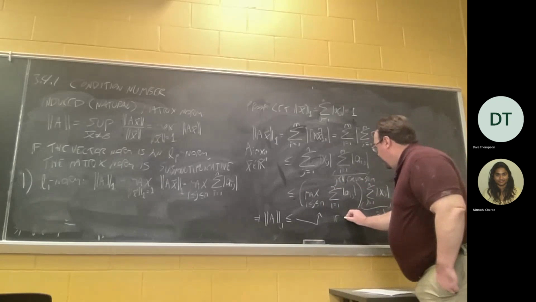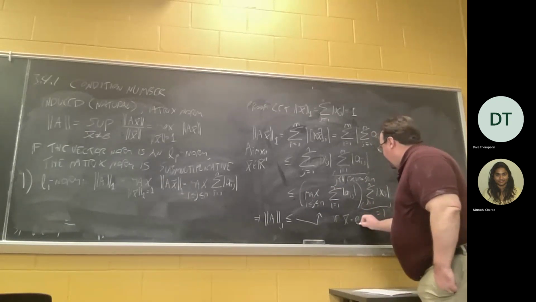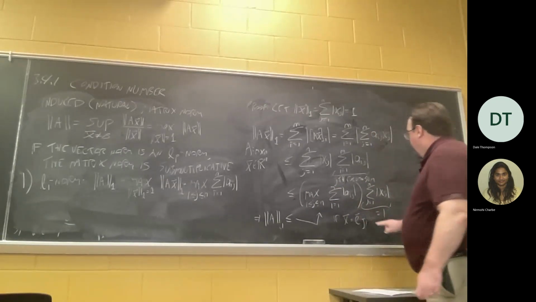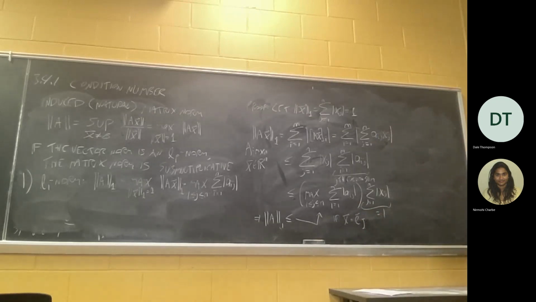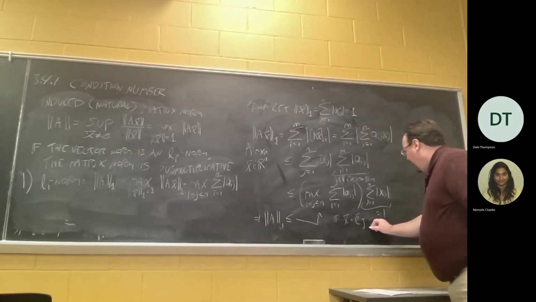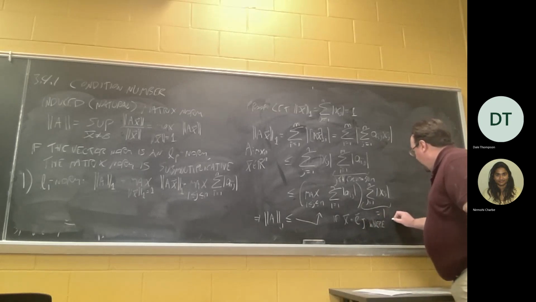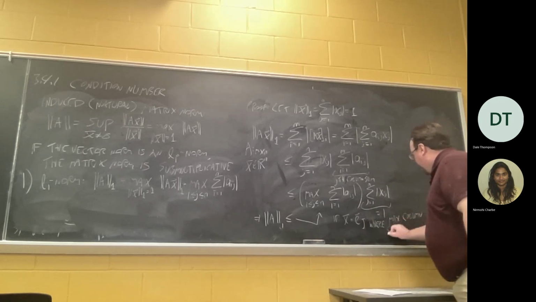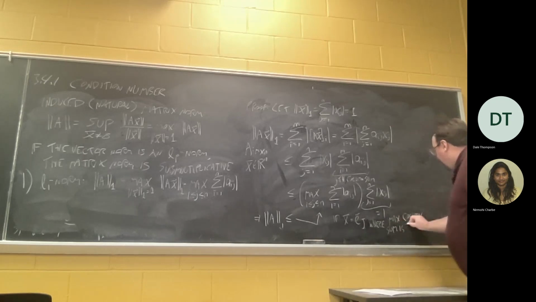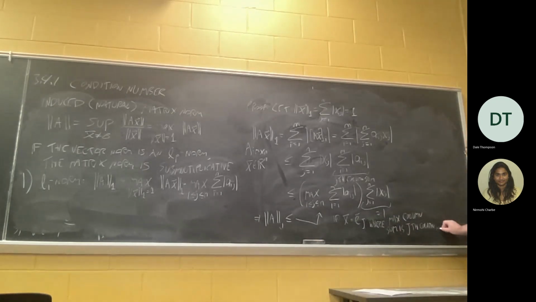So if X is set to the capital J's column of identity, where the maximum column sum is from a capital J's column, I find the index that maximizes the sum.